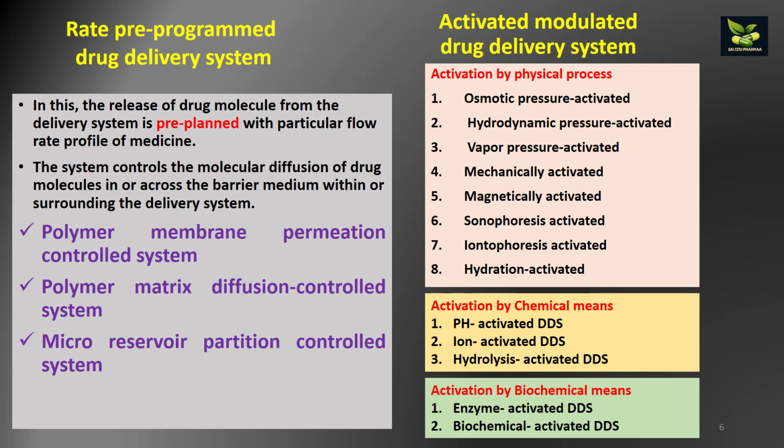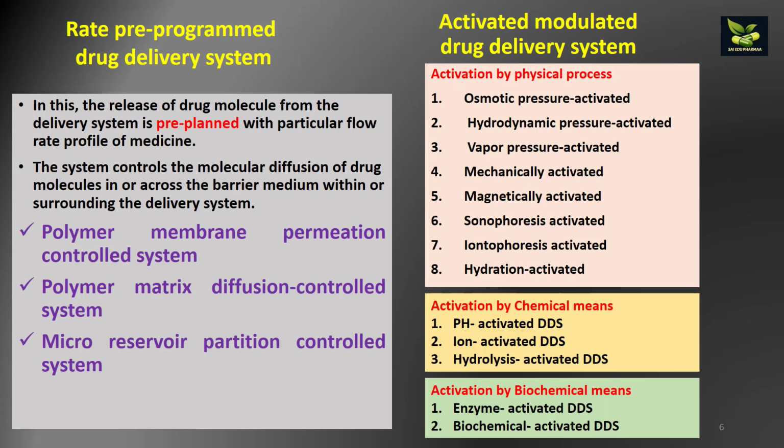they are activated by various types of physical processes, or by chemical means, or by biochemical means. Physical means are osmotic pressure activated, hydrodynamic pressure activated, vapor pressure activated, mechanically activated, magnetically activated, sonophoresis activated, iontophoresis activated, and hydration activated.